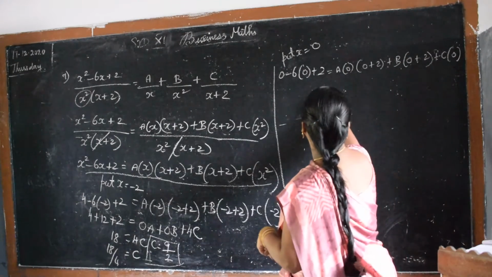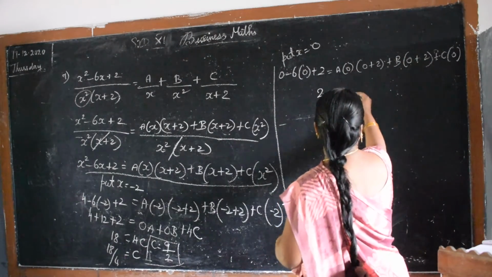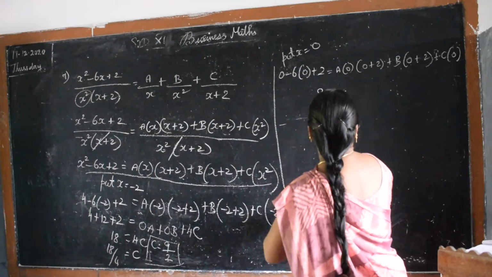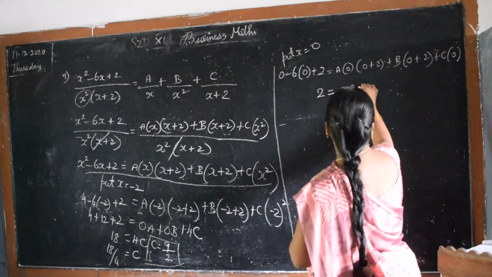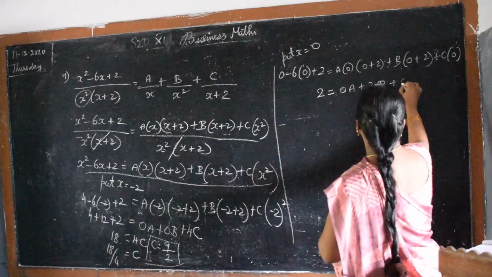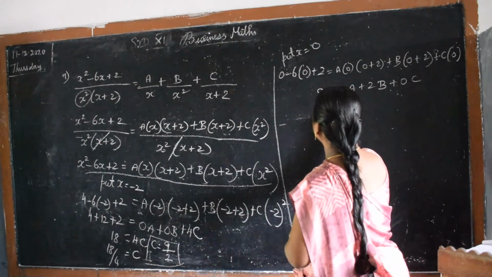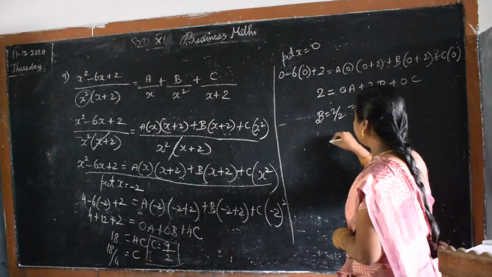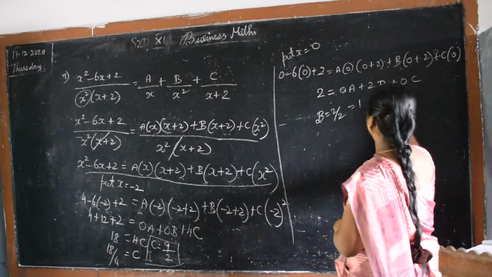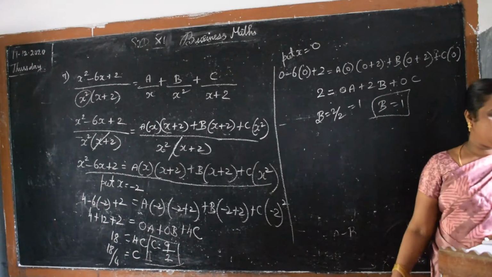What is the value? 0a plus 2b plus 0c. b is equal to 2 by 2. What is the answer here? The value of b is equal to 1. Okay, I got the value of b as 1.